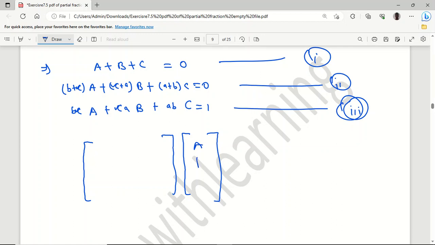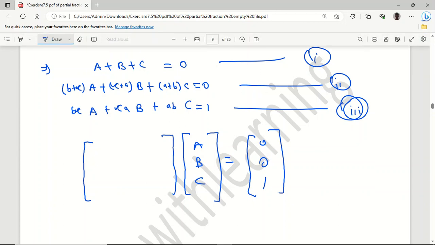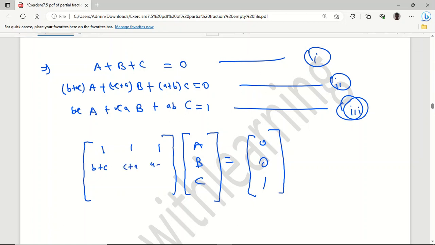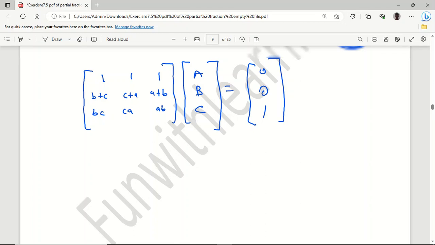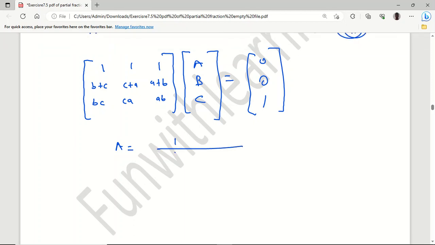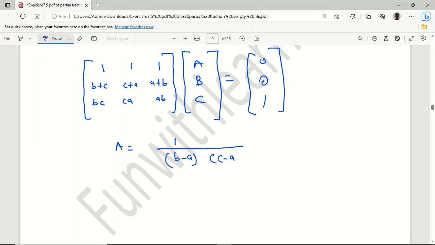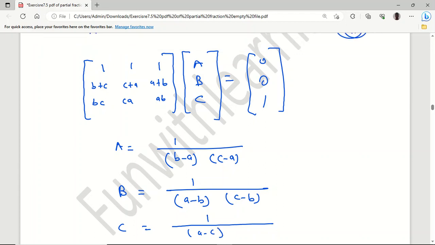It will be the matrix A B C equal to 0 0 1, and then the matrix we have is 1 1 1, B plus C, C plus A, A plus B, BC, CA and AB. Solving will take 3 to 4 minutes for A, B, C. By solving we get the value of A as 1 upon (B minus A)(C minus A), the value of B as 1 upon (A minus B)(C minus B), and the value of C as 1 upon (A minus C)(B minus C).